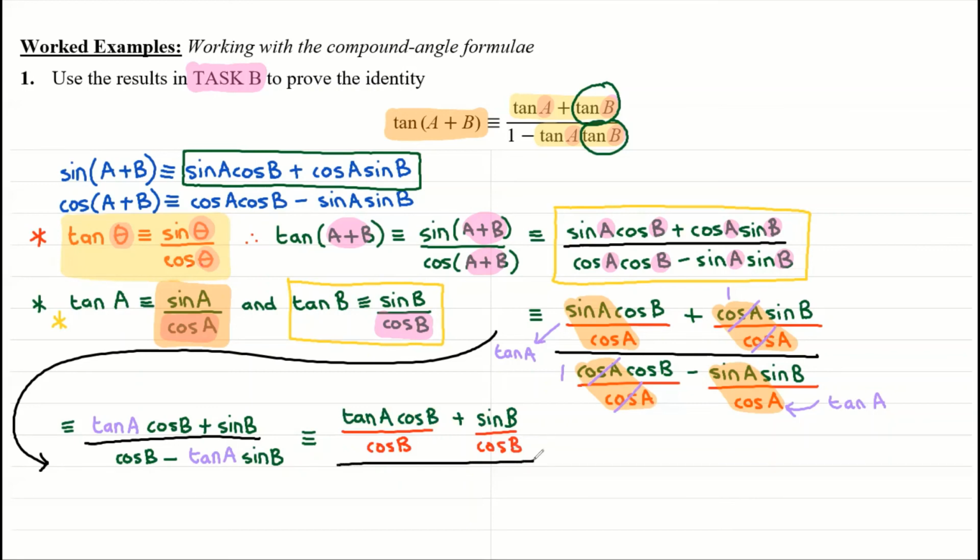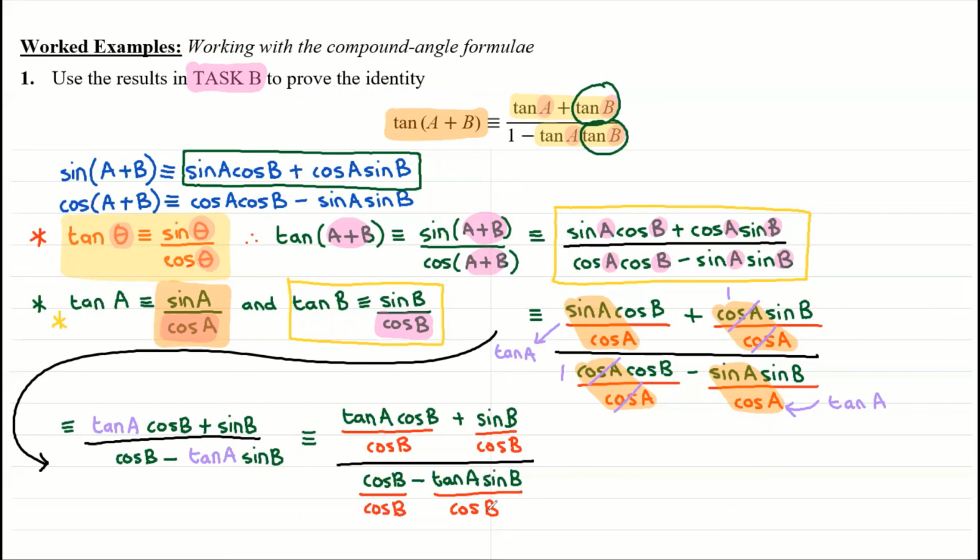And in the denominator, we've got cos B subtract tan A sine B, and both of those terms need to be divided by cos B. Like so. So this is quite an example to start off with, isn't it?